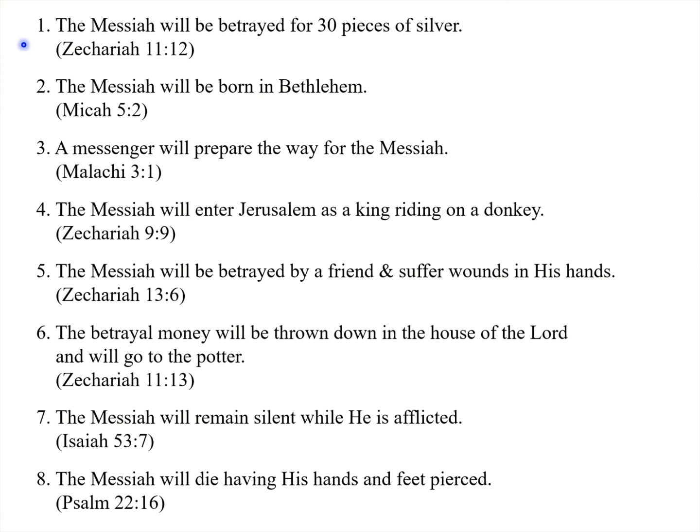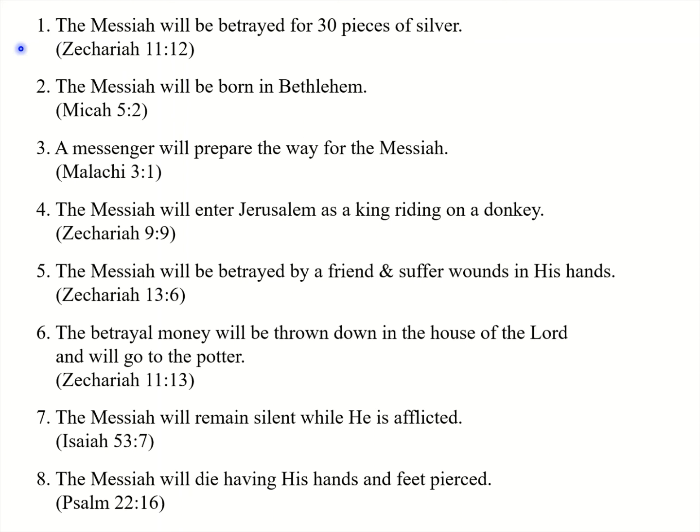And Jesus comes along in the New Testament and he fulfills all 8 of these predictions. Now, there were more than 8 predictions in the Old Testament, but we're just picking 8 because that's what this study did. We're going to analyze 8 of these prophecies.